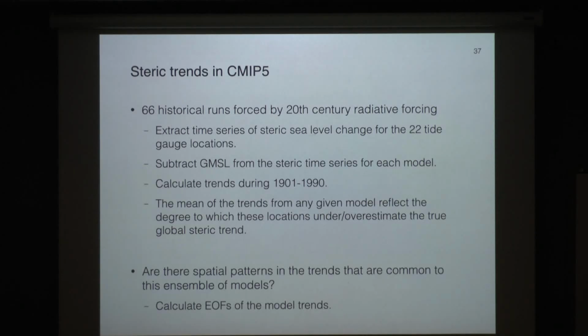And then, since I removed global mean sea level, the mean of the trends at these 22 locations for any particular model would reflect the degree to which these locations under or overestimate the true global steric trend for that particular model and that particular realization of the decadal and multidecadal variability within it.